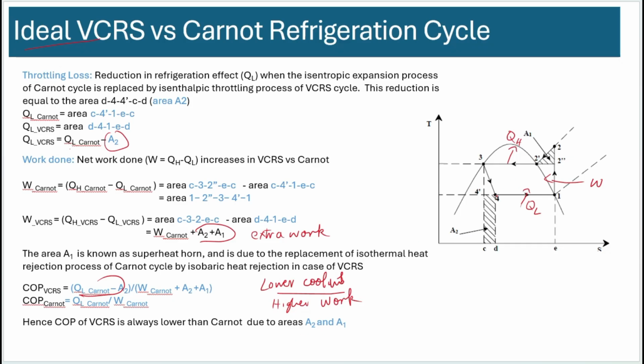So if you can make these two areas smaller, you can probably get it closer to a Carnot cycle. Okay, and the biggest impact is the area A2 because it comes in both the numerator and the denominator, right? It's hurting in both cases. It's reducing the cooling efficiency and it's also making you do more work in the compressor.